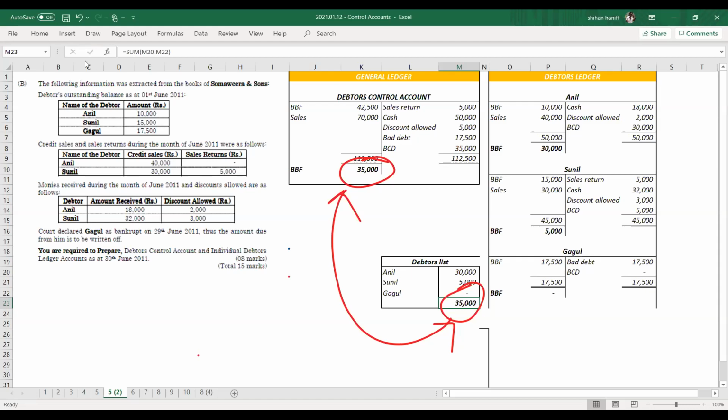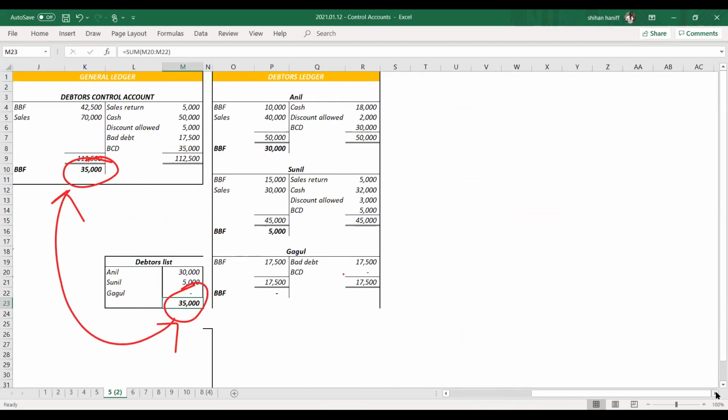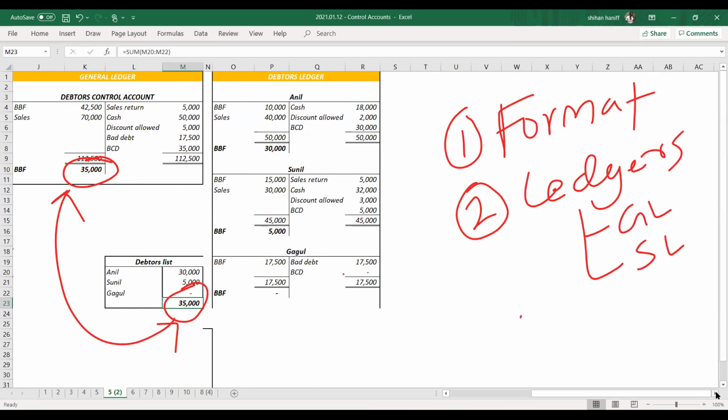As I said earlier, this chapter has 3 parts. Part 1 is the format of the debtors control account and creditors control account. Part 2 is preparing the ledgers, the general ledger and the sub ledger.